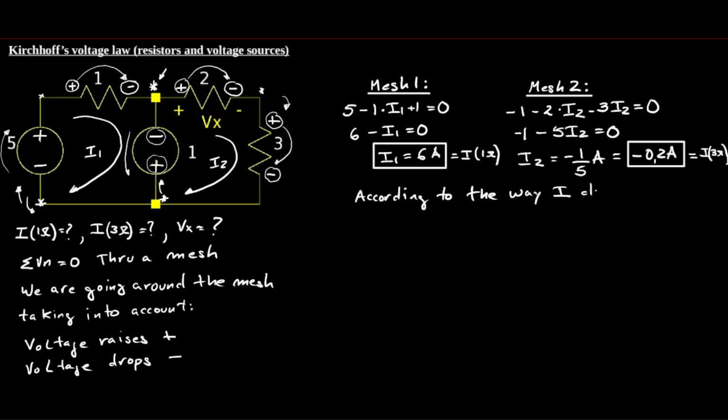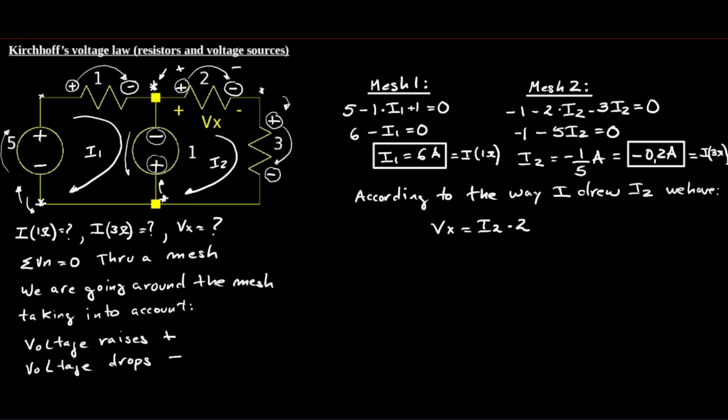Look, as I drew I2 going around the mesh clockwise, the voltage across the 2 ohm resistor is the same polarity as the voltage Vx. So to calculate Vx, by Ohm's law, I have to calculate the voltage across the 2 ohm resistor, which equals I2 times 2 ohms.